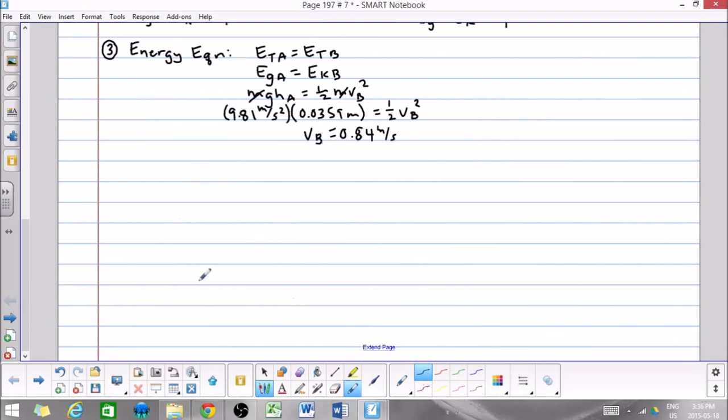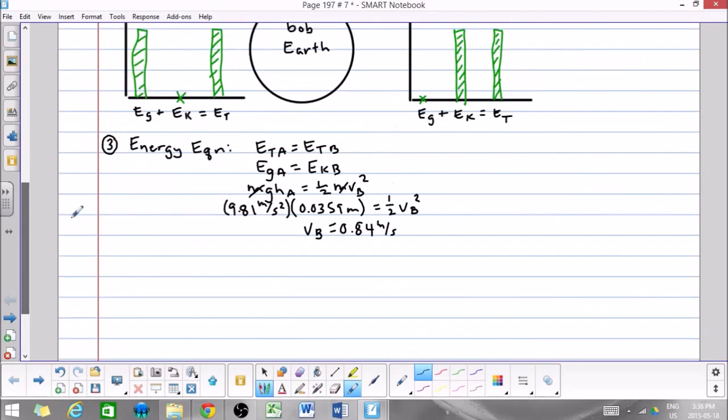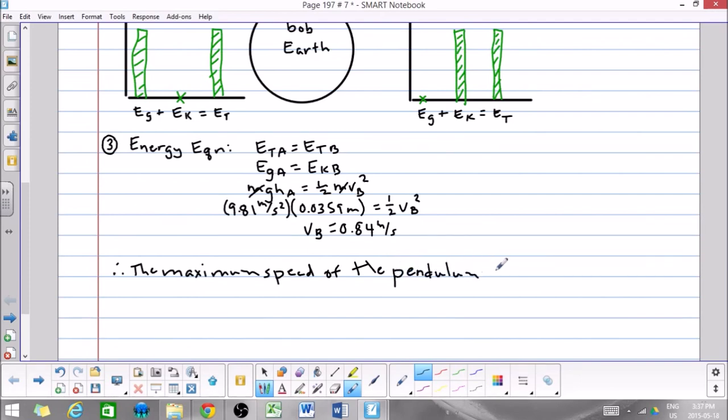As I mentioned earlier, we're just going to report that to 2 significant digits. And we can say, therefore, the maximum speed of the pendulum is 0.84 meters per second.